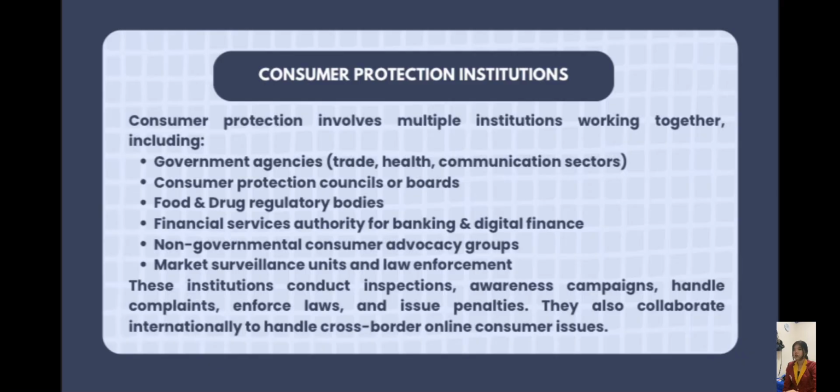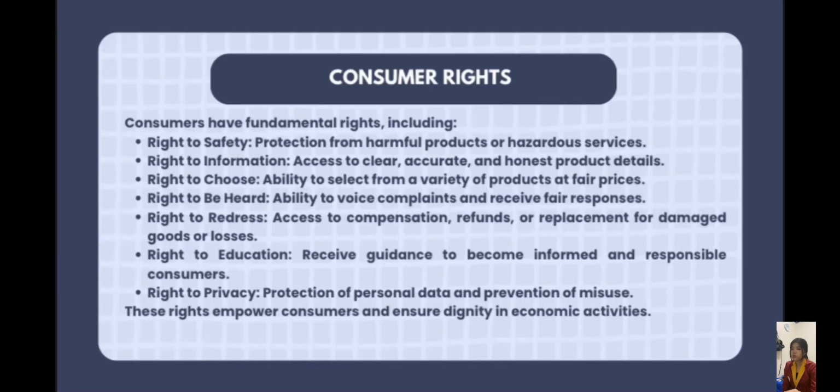Okay, last we're going to talk about consumer protection institutions. Consumer protection involves multiple institutions working together, including government agencies like trade, health, and communication sectors, and also consumer protection councils or boards, food and drug regulatory bodies, and the financial services authority for banking and digital finance, and non-governmental consumer advocacy groups, and market surveillance units and law enforcement.